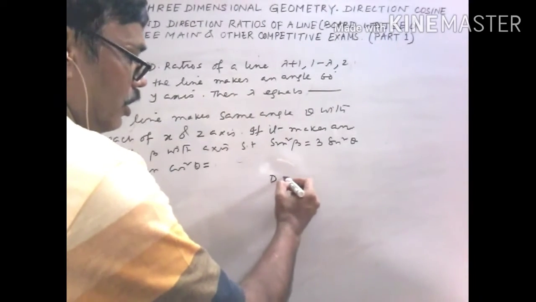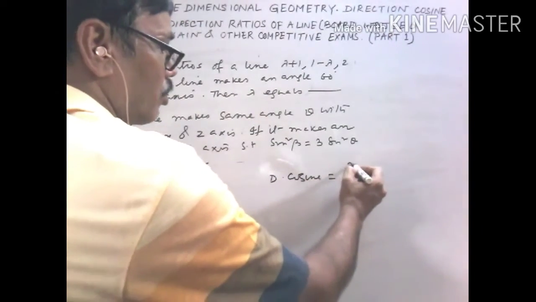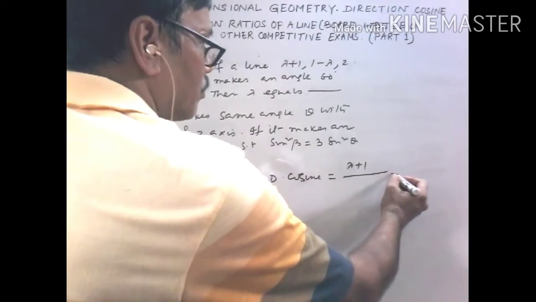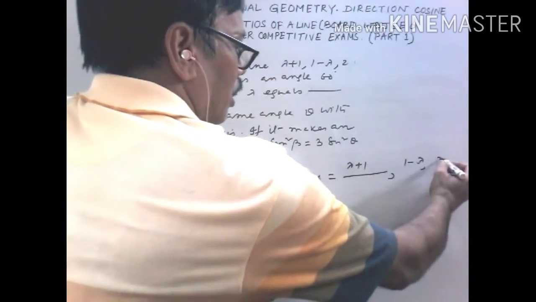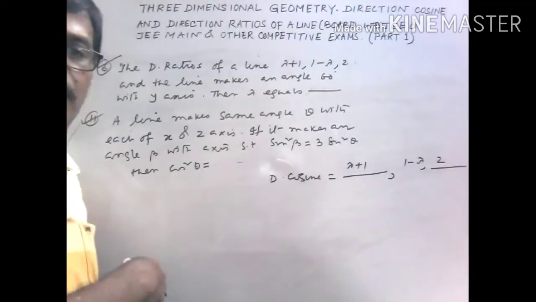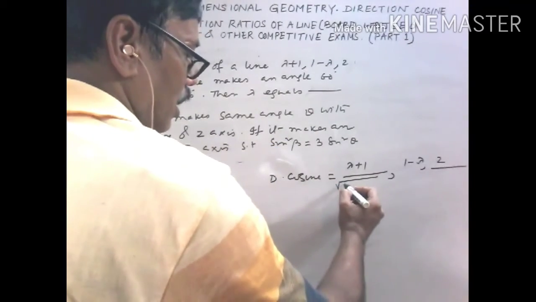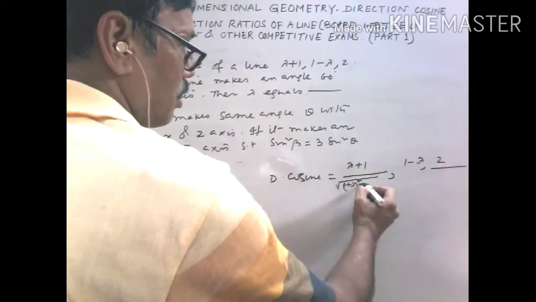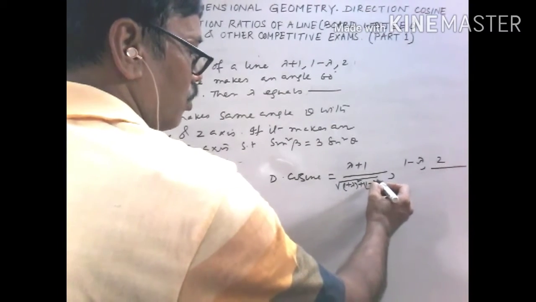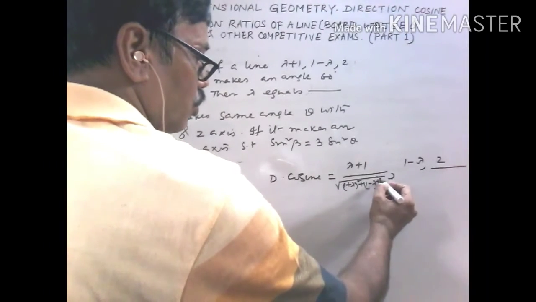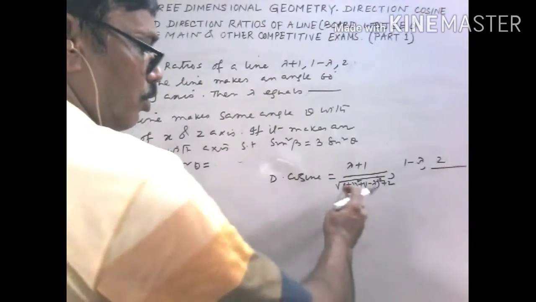So what is D cosine? D cosine equals lambda plus 1, 1 minus lambda, 2 divided by this magnitude. So root over lambda plus 1 whole square plus 1 minus lambda whole square plus 2 square.